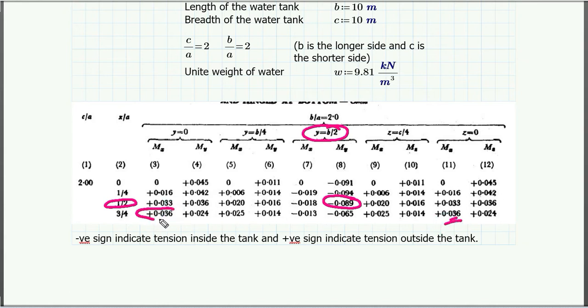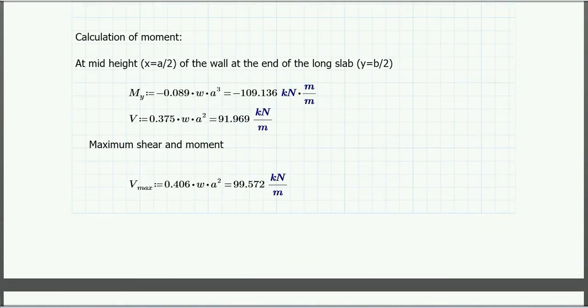So this maximum value of Mx we are going to take. This is the moment along the vertical direction, and this is the moment along the horizontal direction. You can see the horizontal moment is minus 0.089 W a cube, which in turn will give you minus 109.136 kilonewton meter per meter, because this is a moment per unit meter.